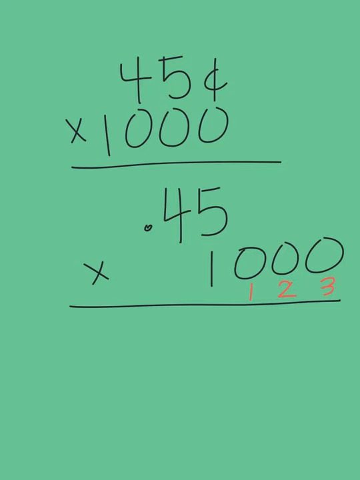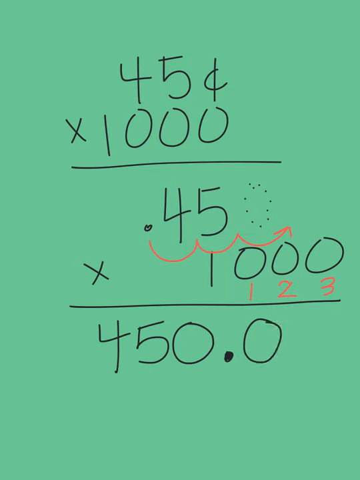So I'm going to move my decimal place 1, 2, 3 places. Now I made an extra hump there because there are 3 zeros, which actually means that there are 450. This was like adding a little 0 here. 450 with our decimal point here and our 2 zeros afterwards. So the answer here, 45 cents times 1,000 is $450.